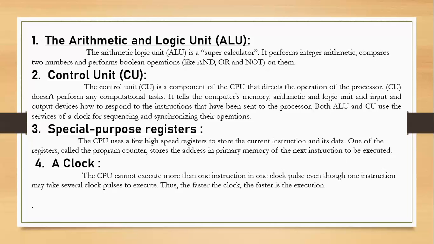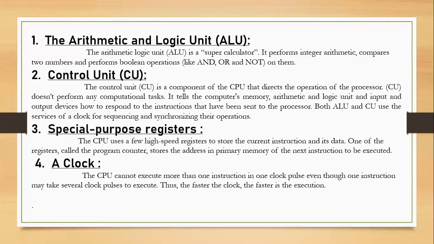Okay, so special purpose registers. The CPU uses a few high-speed registers to store the current instructions and their data. One of the registers is called the program counter, as I explained in the previous slide, PC.